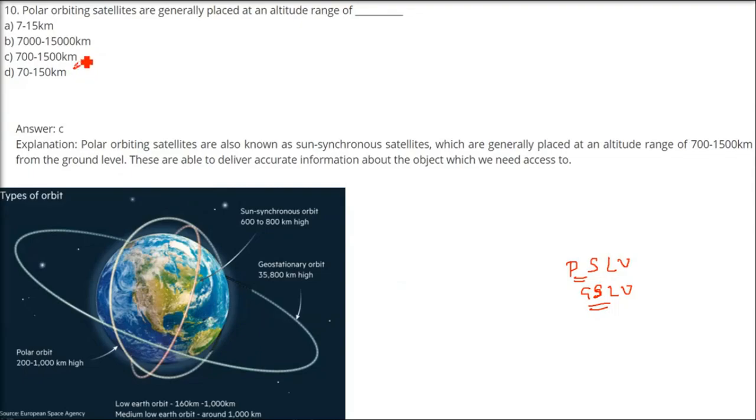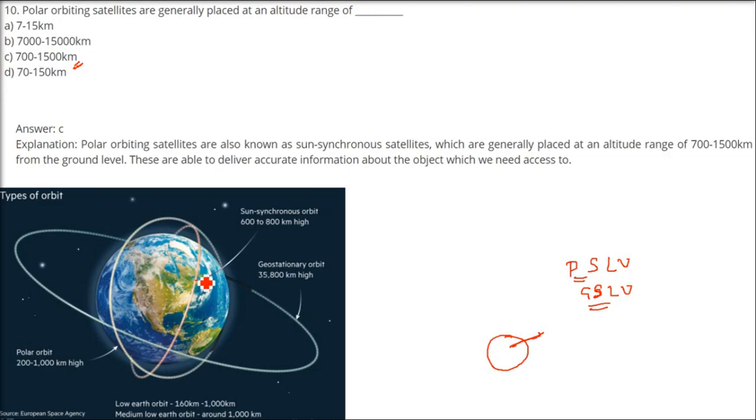The answer is C, by the way. If you see it very closely, if you place anything in orbit, the orbit length, or the distance from the Earth, decides whether it is polar or geo.